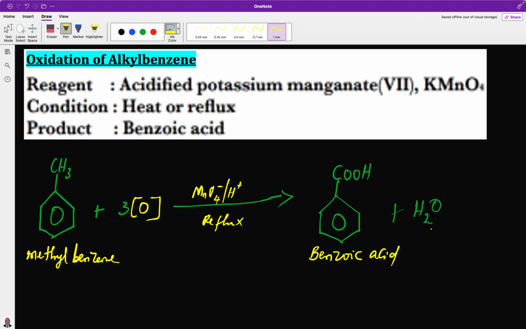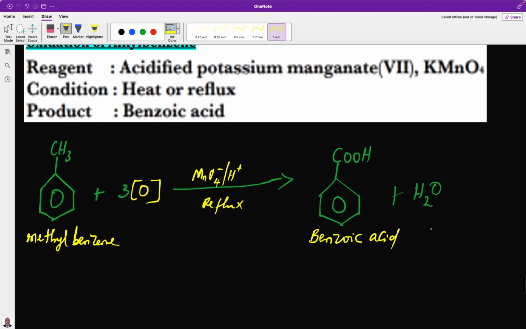So it should be noted that in any other reaction that has to do with acidified potassium manganate, all alkyl groups, or any carbon side chain group, is always oxidized to the carboxylic acid group under this condition.